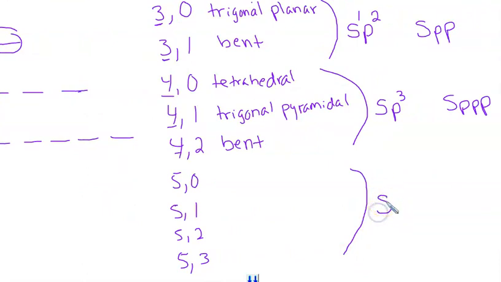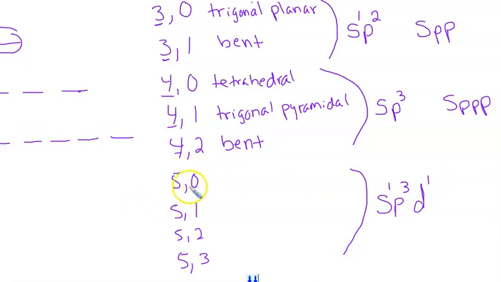So it has 1 of the S sublevels, 3 of the P sublevels, and now we get into the D sublevel. So it looks like that. This is the way we write it. If you want to put 1s there, you're welcome to it. Can you see that equals 5? That's the hybridization.